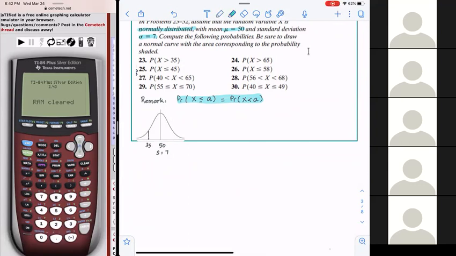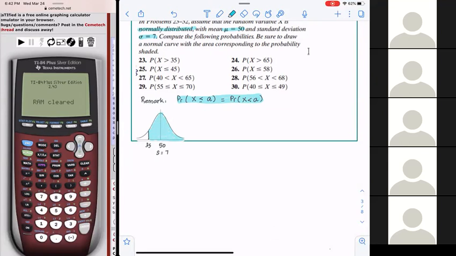So what we want to do is we want to find that area. Greater than, so we have to find that area.